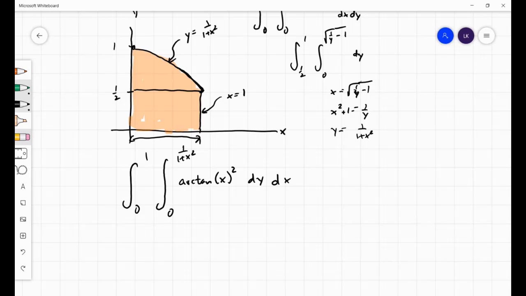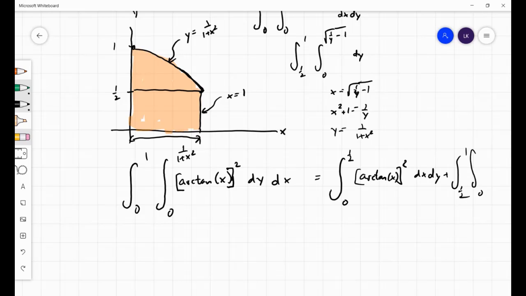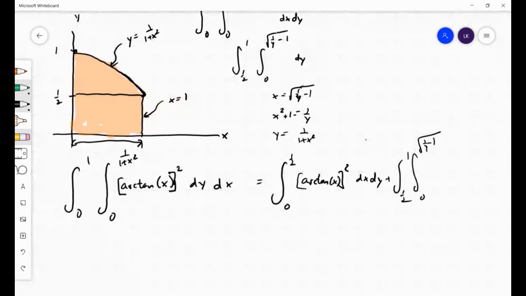Wait, so are you integrating the right one first? No, I switched the order of integration. Originally it was like this. No, I meant there's two integrations going on. Yeah, I turned it into one. Because I drew the region of integration and I realized this was x simple.